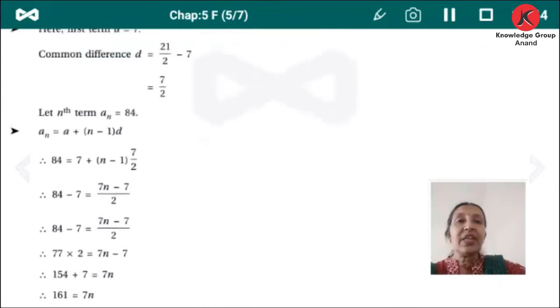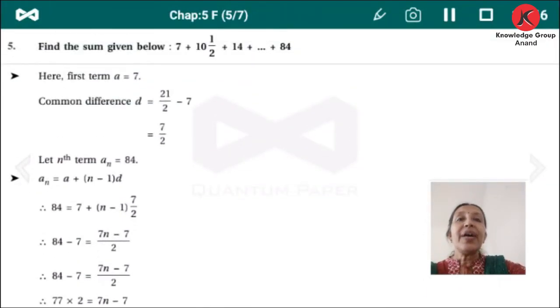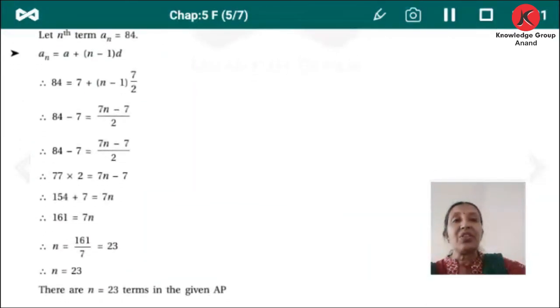In this question again, find the sum of the given AP. a is equal to 7, the common difference d is equal to 10 and 1/2 minus 7, which is 7/2. The nth term an is equal to 84. Therefore, how many terms are in this AP? Therefore n is equal to 23 terms.